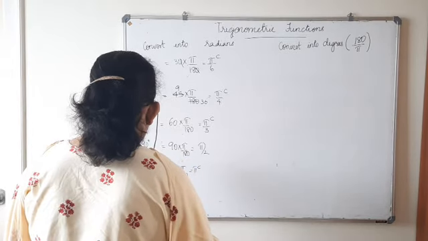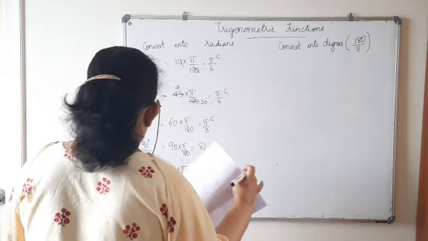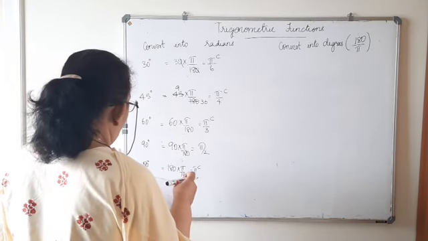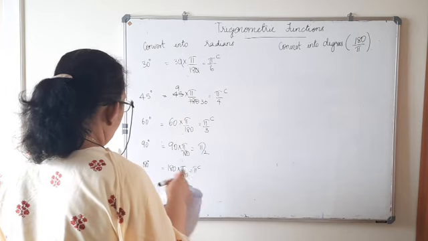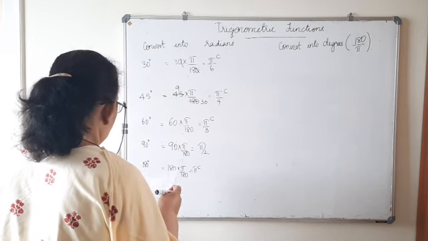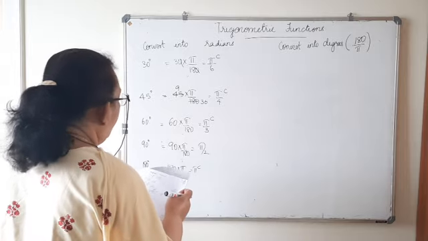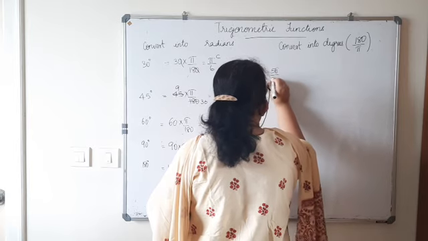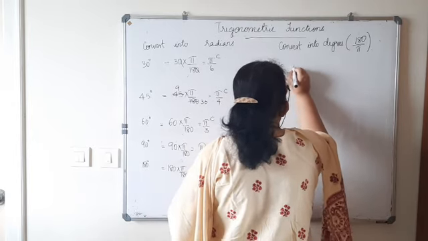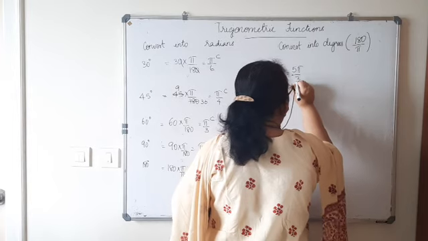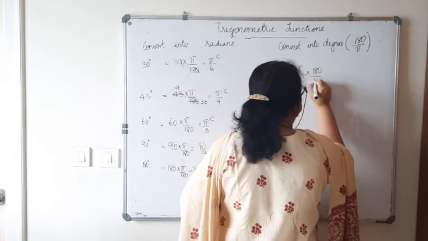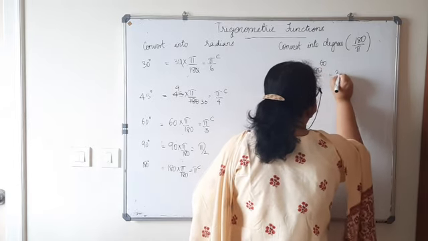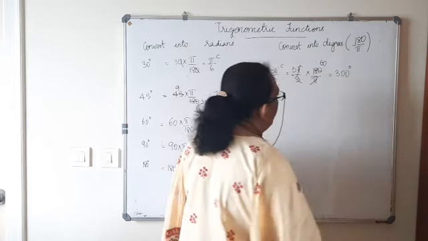Now let us consider finding the degree measure of 5 pi by 3 radians. 5 pi by 3 radians is equal to 5 pi by 3 into 180 by pi. Pi and pi cancel, giving 5 into 60, that is equal to 300 degrees.